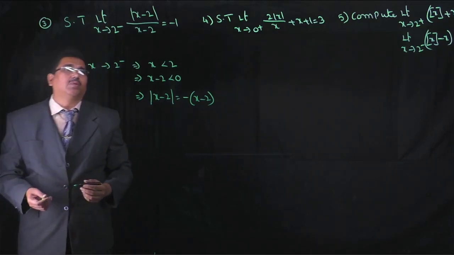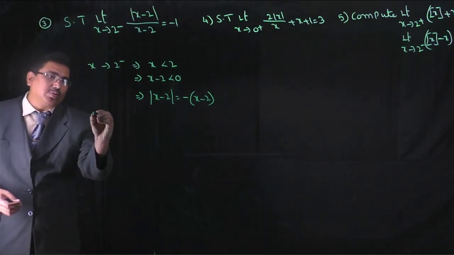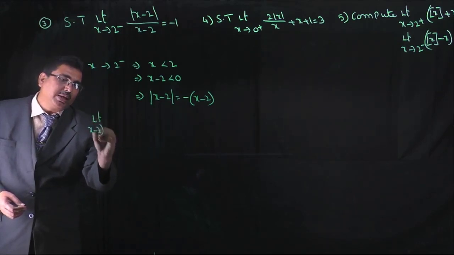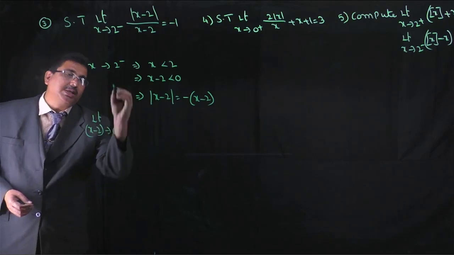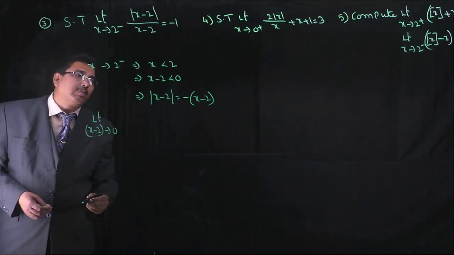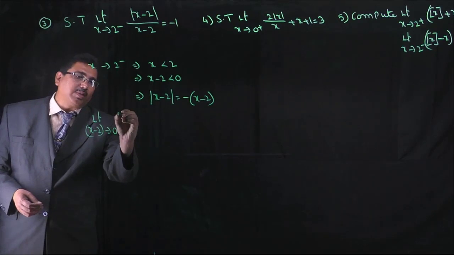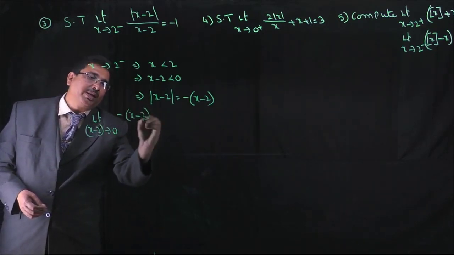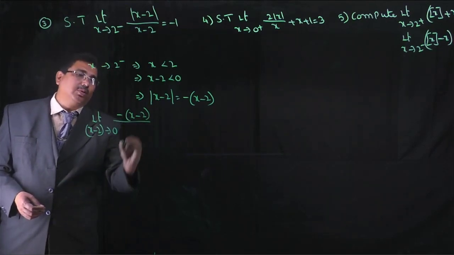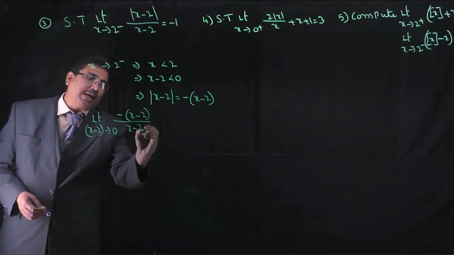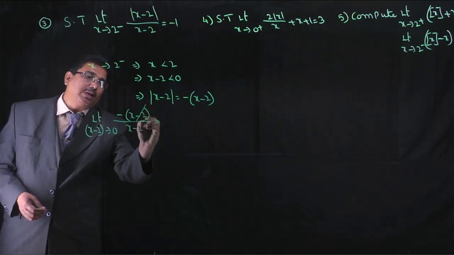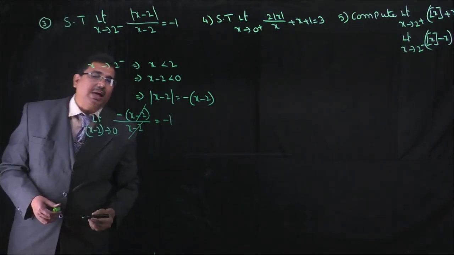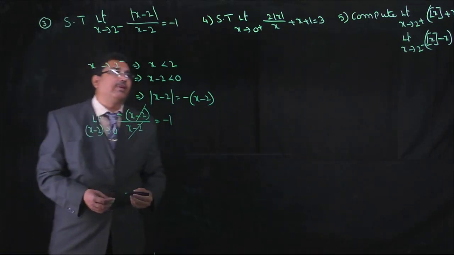Right, now as x tends to 2 minus, x minus 2 tends to 0, and modulus of x minus 2 is equal to minus of x minus 2. Minus of x minus 2 divided by x minus 2, x minus 2 gets cancelled, that is equal to minus 1. That is the limit value.